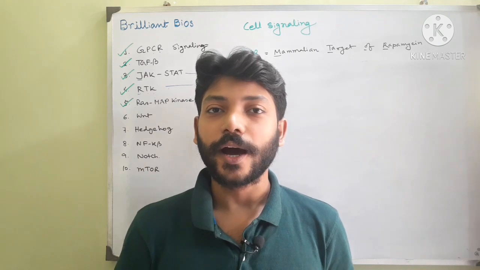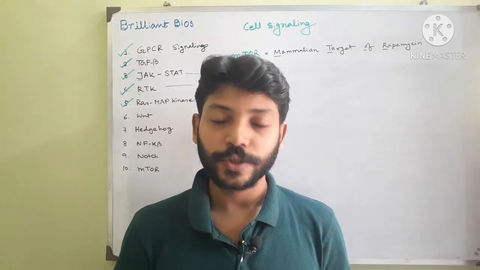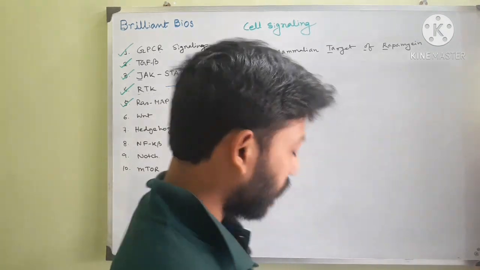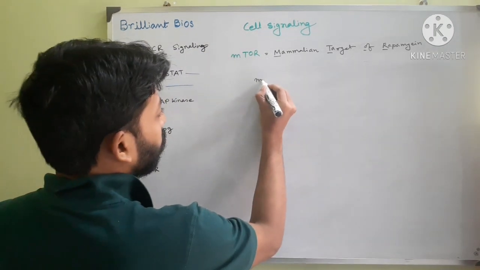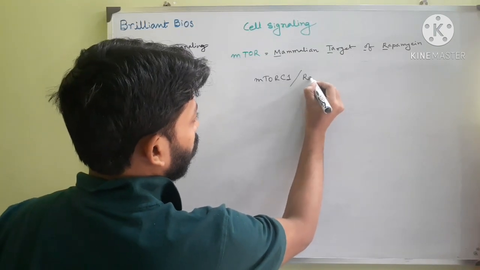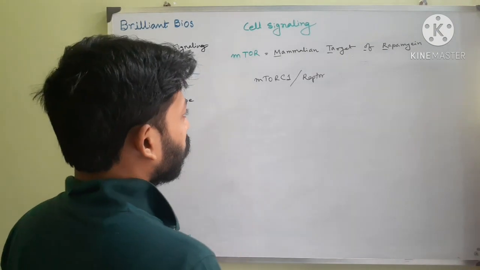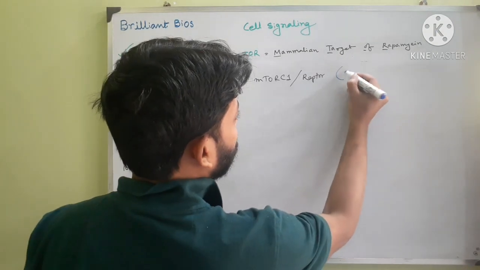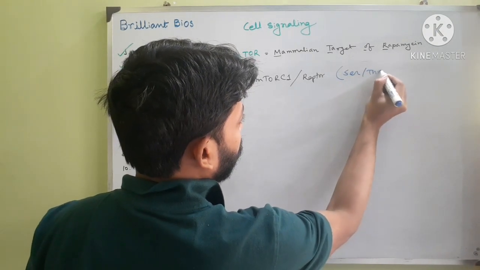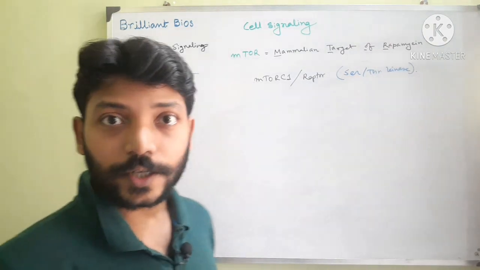Now I will show you how the mTOR C1 complex actually controls cell growth and cell proliferation. mTOR C1 means it is associated with a protein called Raptor, and mTOR is a serine threonine kinase, the same as PKB or AKT.